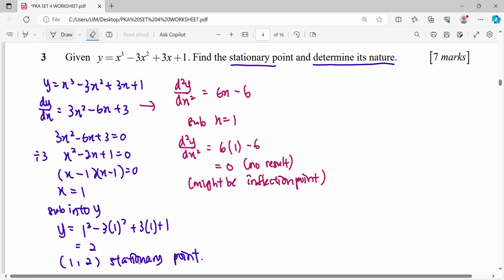So we continue to prove what its nature is. This one has no conclusion, no result. So I continue with the second derivative test. Do your table to see before 1 and after 1 whether the concavity changed or not.